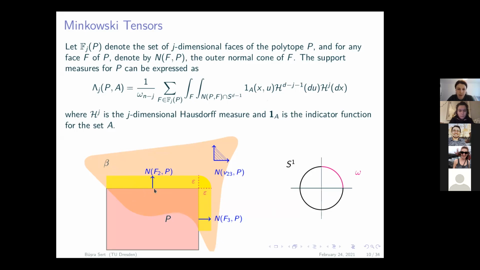We also want that when we consider their normals, the intersection of those normals and the area we chose is non-zero. Here, calligraphic H stands for Hausdorff measure. For example, if we fix j here, let's say we fix it as d minus 1.